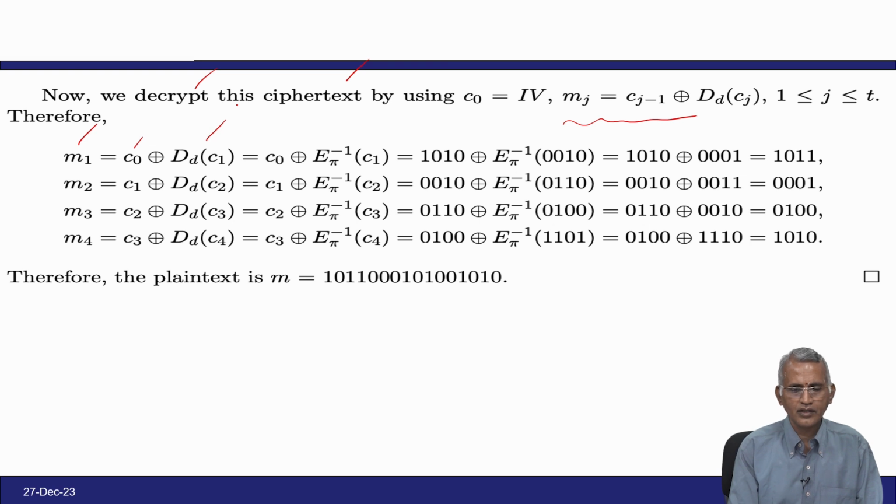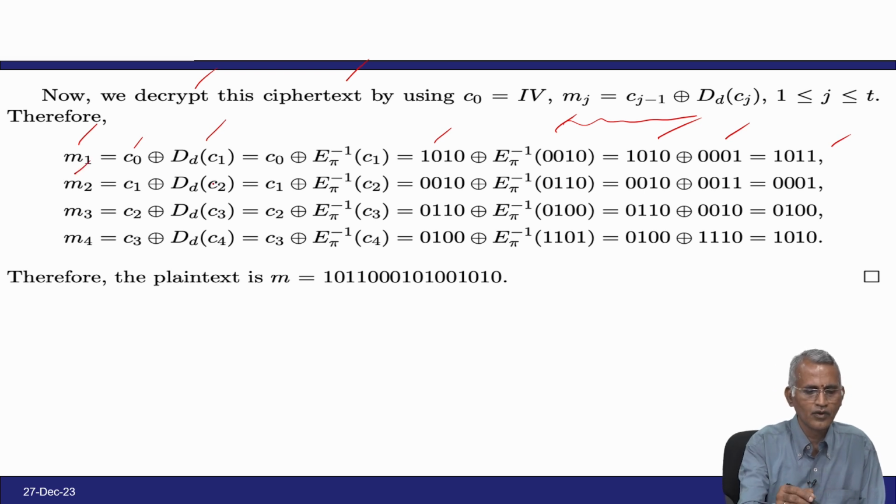C0 you already know, so take it, XOR with E pi inverse of C1. E pi inverse of 0010 is 0011, and XOR with 1010 gives 1011.